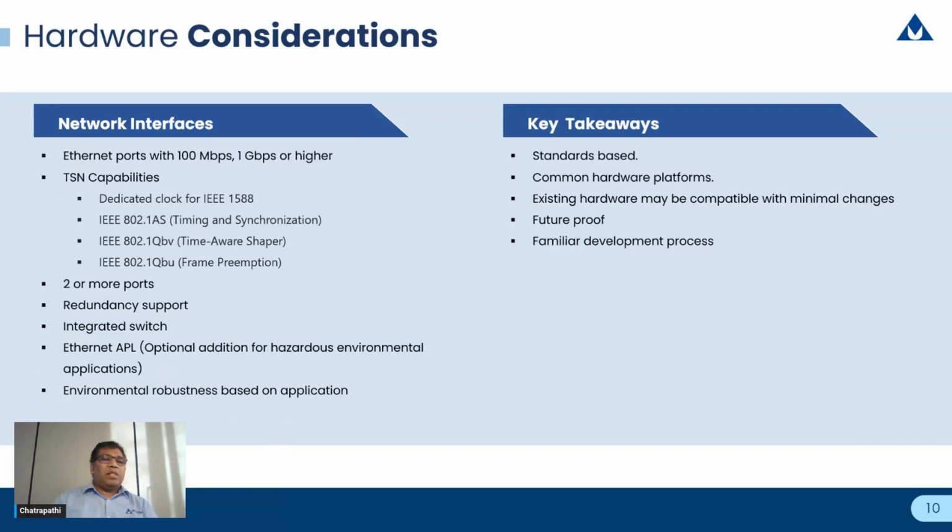So network interfaces, again, having multiple Ethernet ports has become a norm nowadays. So having multiple ports with 100 Mbps, 1 Gbps or higher. So this will help you from scalability perspective in the long term, depending on how much data your overall hardware can actually process and exchange.